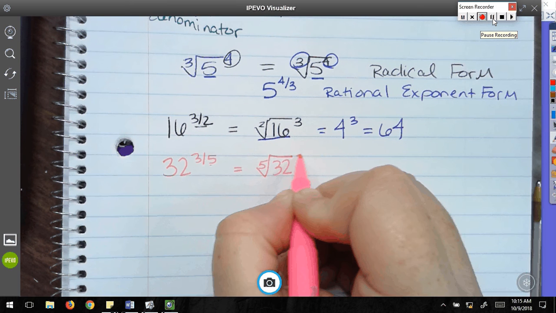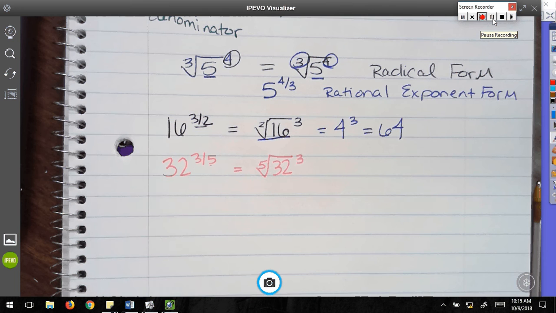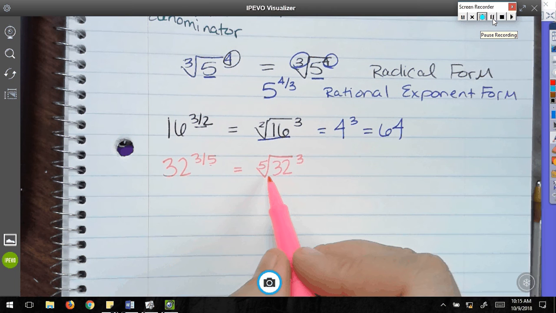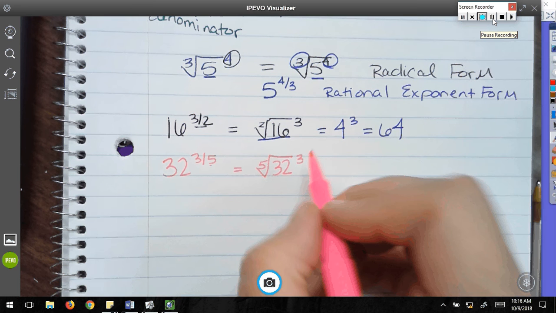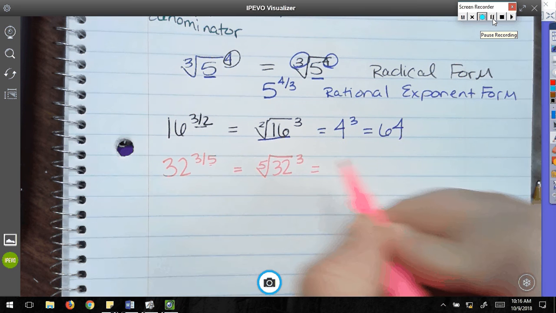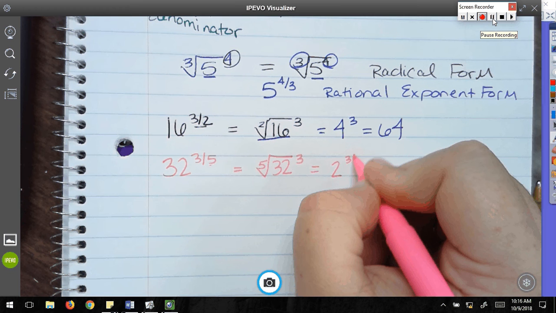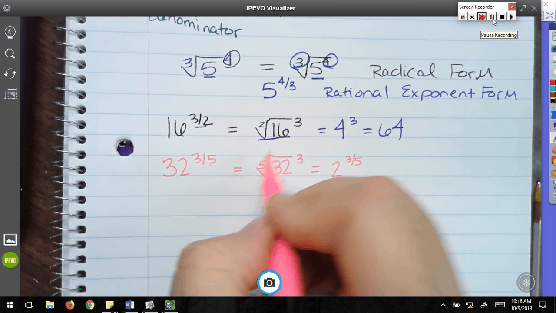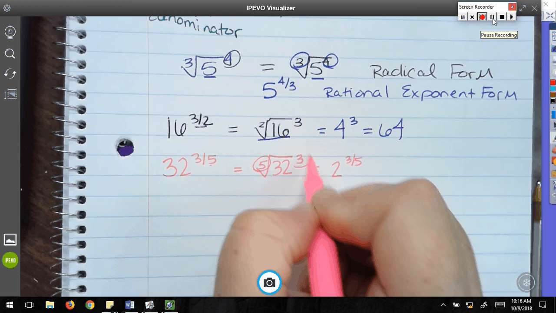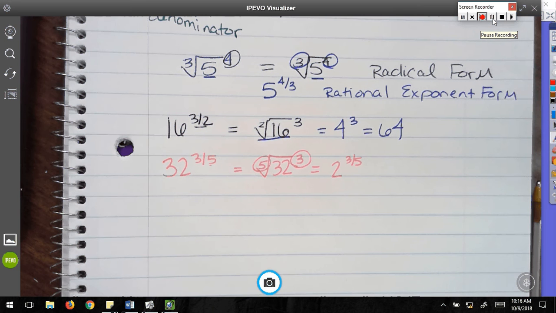The reason I'm putting it on the outside here is because I recognize that the 5th root of 32 is something I should know, and it's 2. So 2 to the 3 over 5. Again, denominator, numerator. A lot of these are easy to evaluate if we change the form.